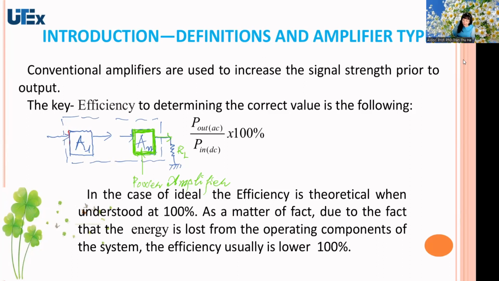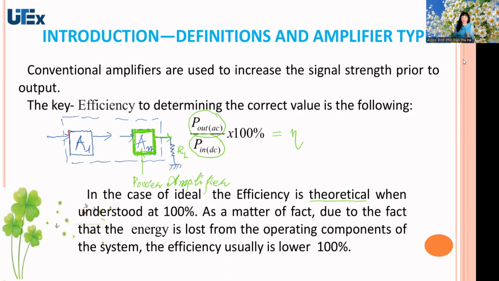What is the meaning of efficiency? We call it the efficiency coefficient, Nu, which is equal to the output power energy divided by the input energy. We call this efficiency. And usually, following the theory, we have 100%.